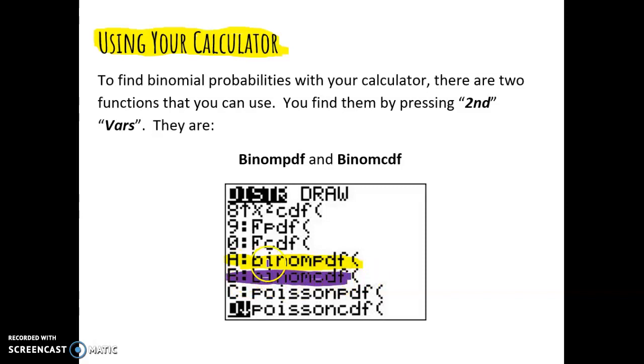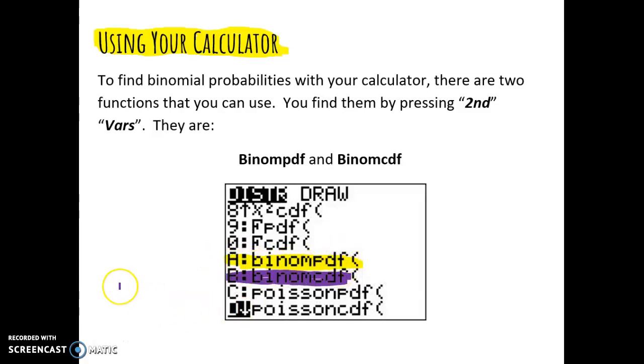Now you need to check your calculator. For some of you it might be 0 and A. To get there quicker, once you figure out which letters correspond with binom PDF and binom CDF, you could hit second vars, and you could hit the alpha button and then A, and then it's going to take you straight to the binom PDF function.